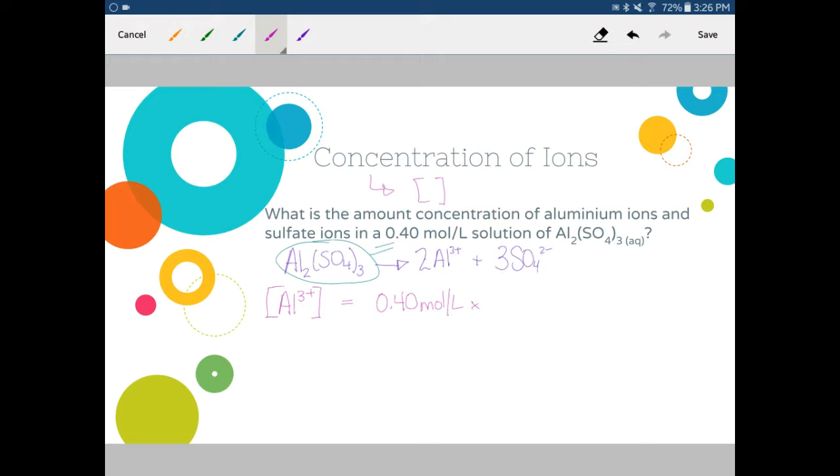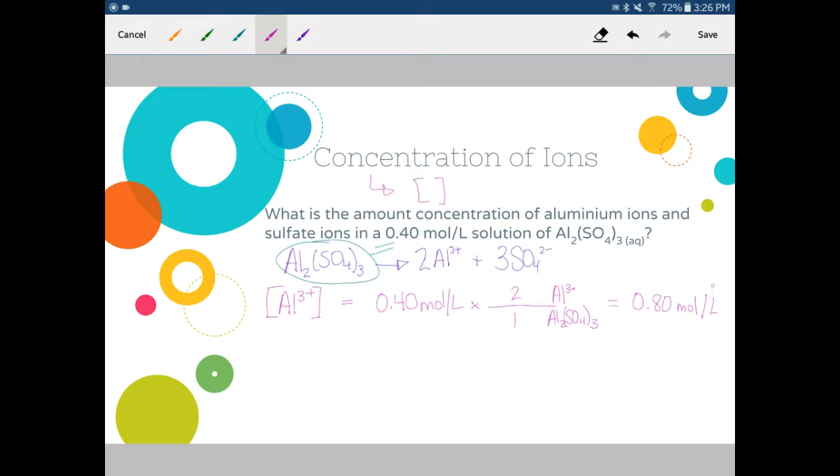So I have, again, this thing that you might remember from your gas laws, but it's kind of like using this mole ratio. I have 1 mole per liter of aluminum sulfate, and I have 2 moles of aluminum ions. So it's a 2/1 mole ratio, which is equal to a concentration of 0.80 moles per liter.